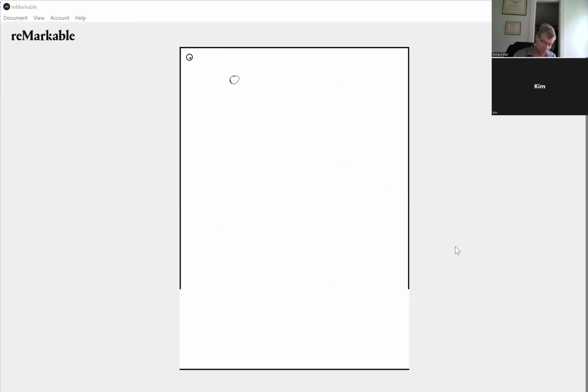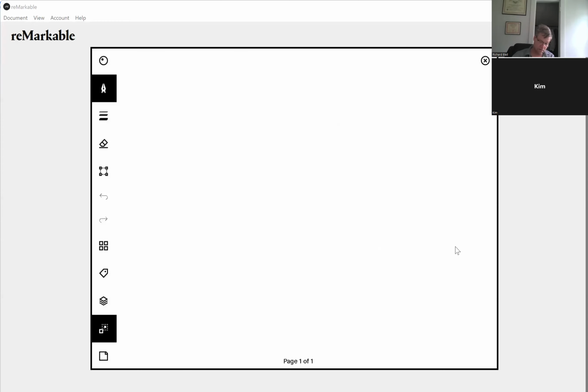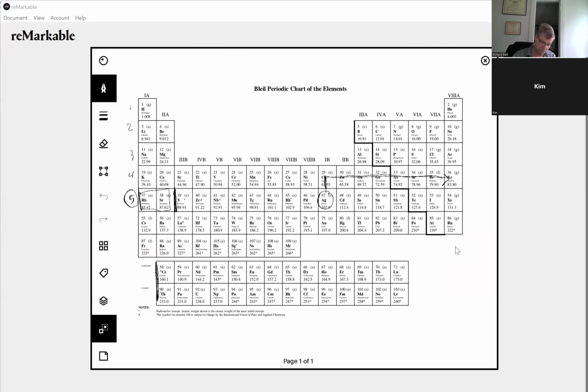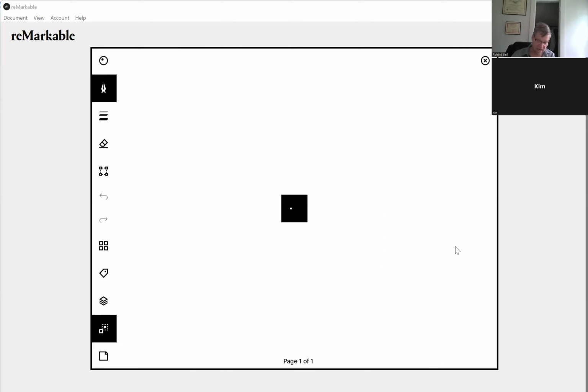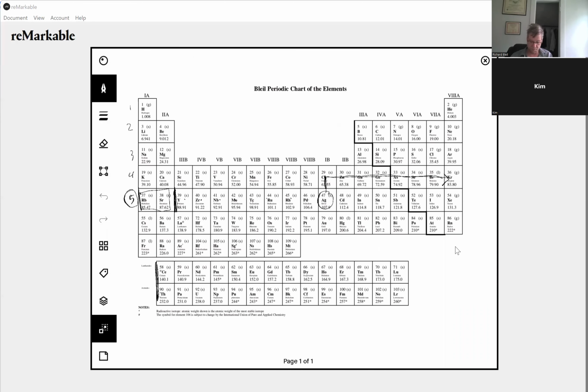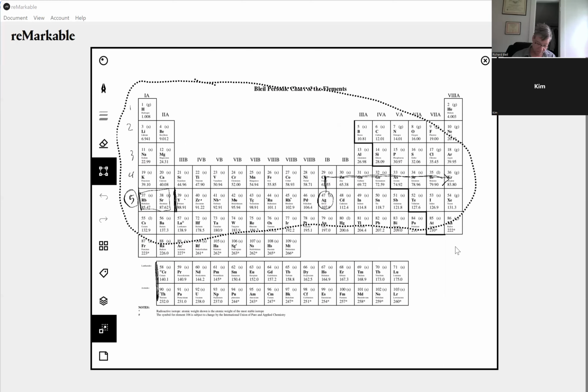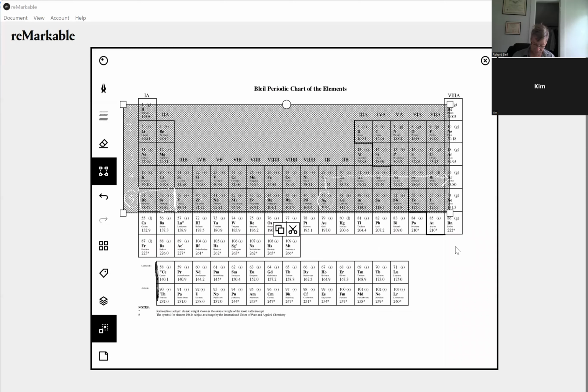Actually, let's go to one of those. So let's figure out the Lewis dot structure for oxygen. Clear my periodic chart. We don't need that scribbling.